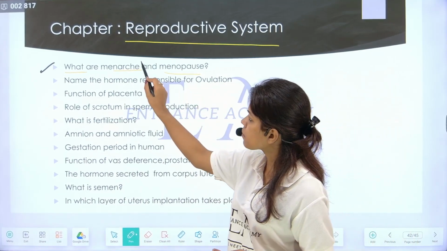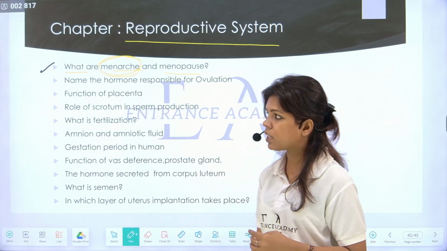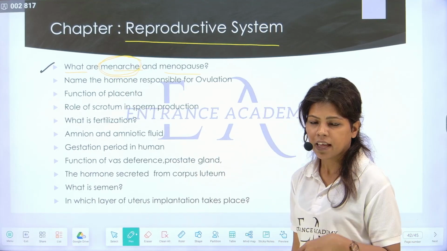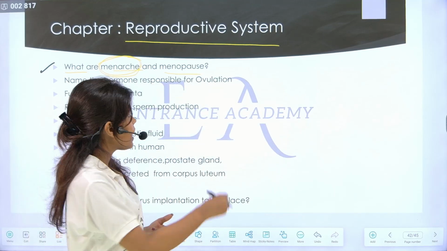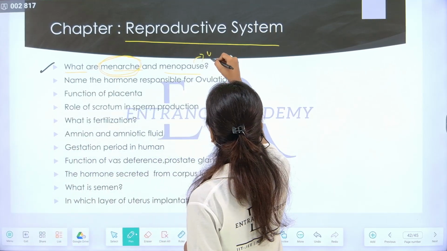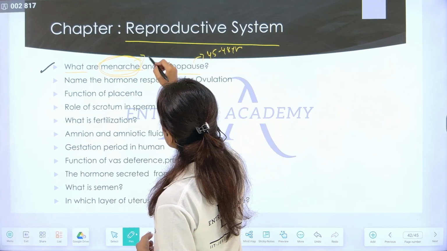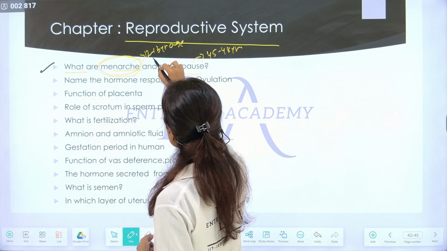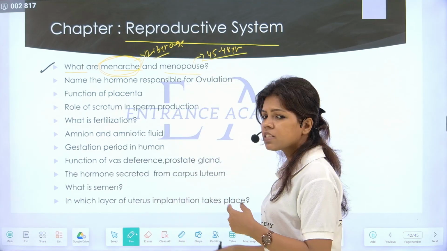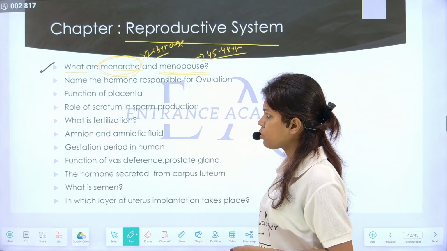The first onset of the menstrual cycle at the time of puberty is known as menarche. And menopause is the permanent stoppage of the menstrual cycle that happens at the age of 45 to 48 years, and menarche is generally at 12 to 13 years of age, and this is actually variable. So the onset of the menstrual cycle is menarche and the permanent stoppage of the menstrual cycle is menopause.